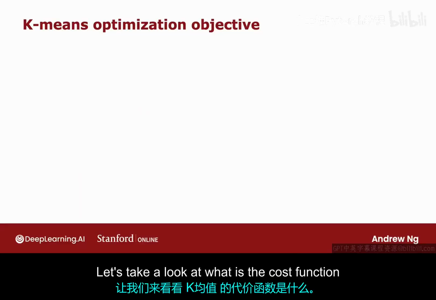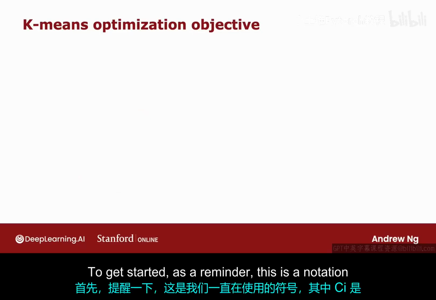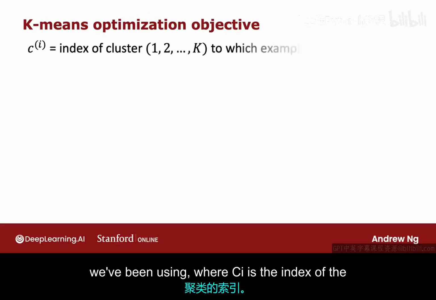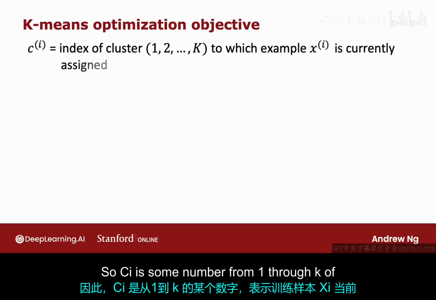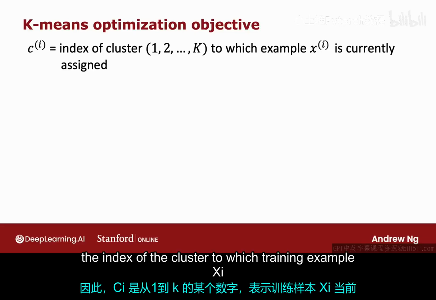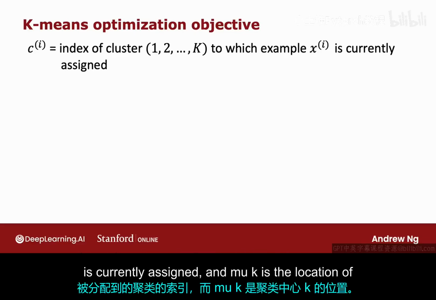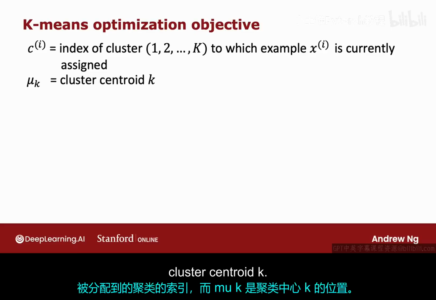Let's take a look at what is the cost function for k-means. To get started, as a reminder, this is the notation we've been using, where Ci is the index of the cluster. So Ci is some number from 1 through k of the index of the cluster to which training example xi is currently assigned, and mu k is the location of cluster centroid k.